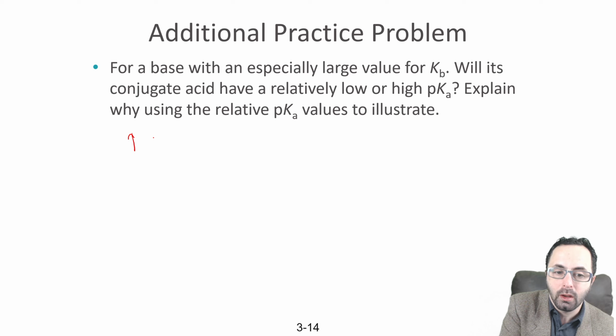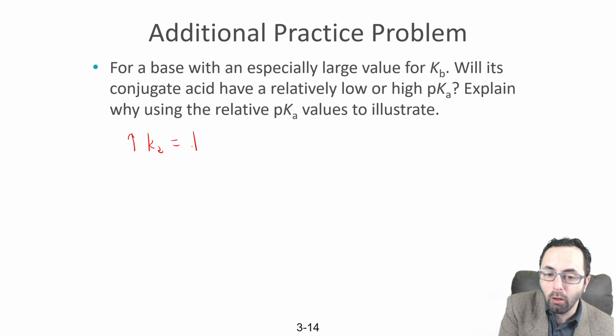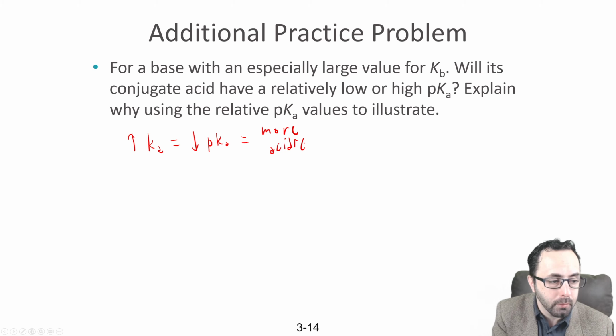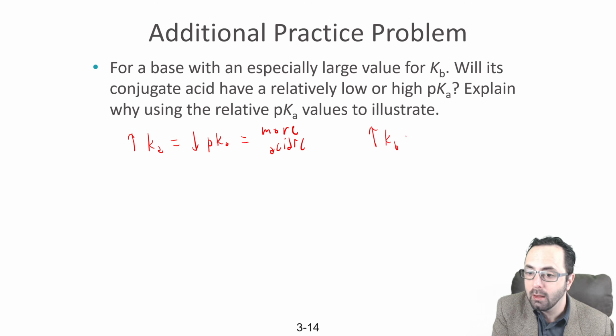A larger Ka is going to be a smaller pKa, which is going to mean more acidic. And the same thing is for Kbs, except with bases. So a larger Kb is going to be a smaller pKb, which is going to be more basic.